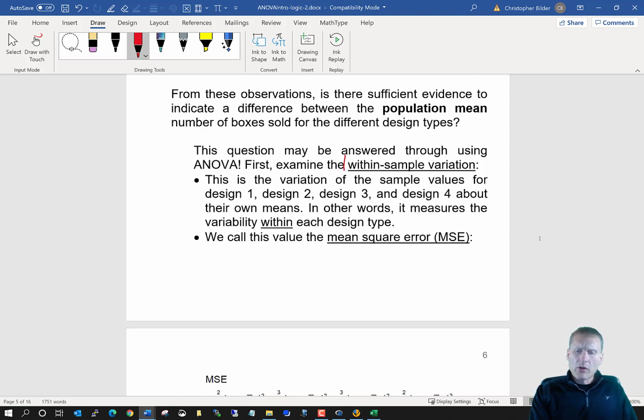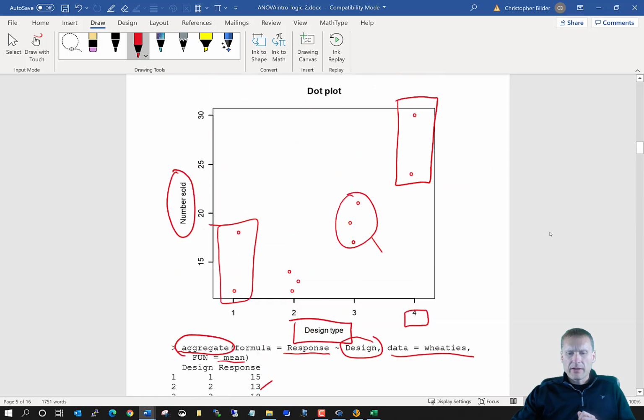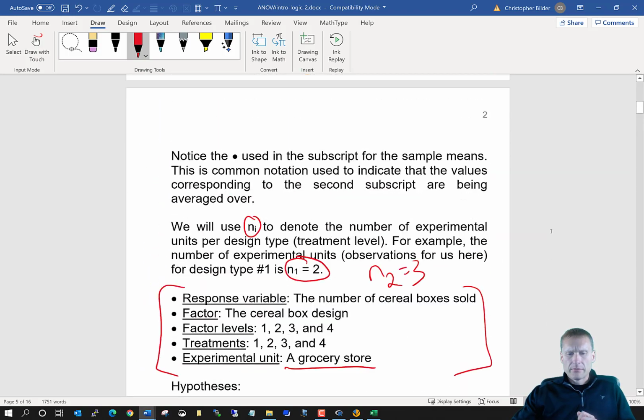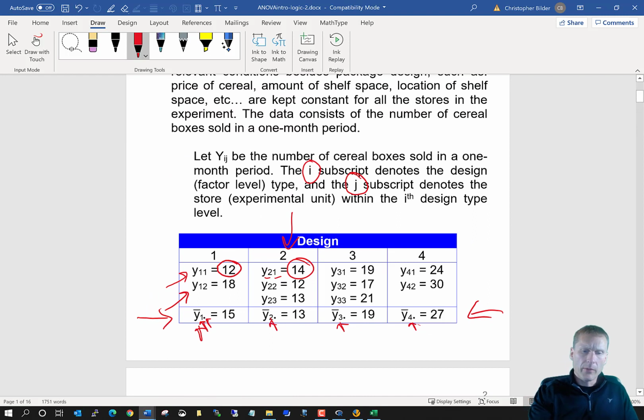The first one's called typically the within sample variation. And what this is essentially going to do is going to look at every single observation that we have. So let me go back up here to my data. I'm going to do some erasing.